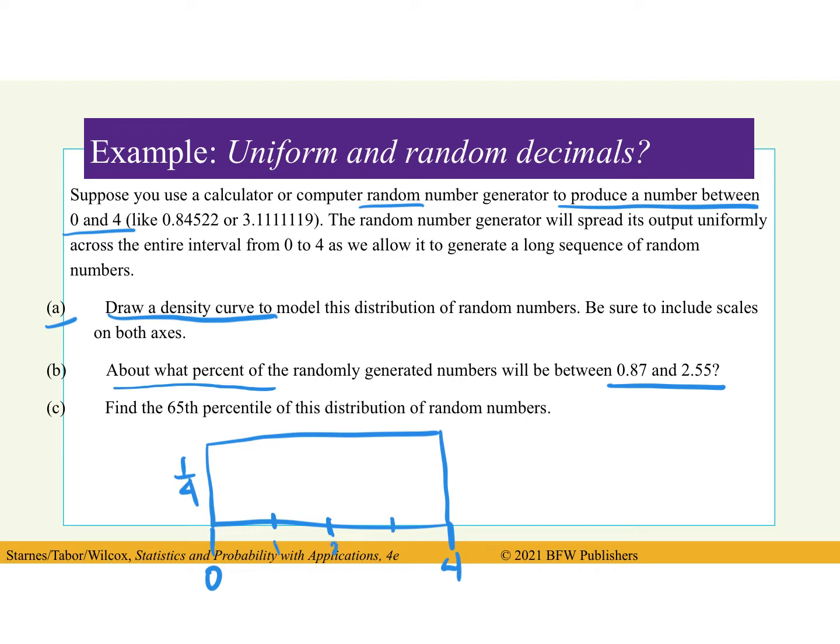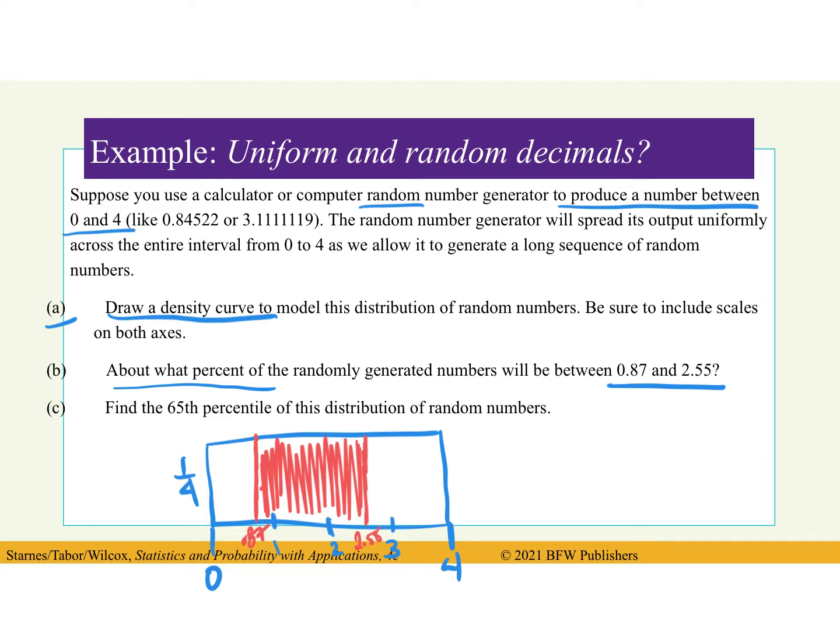So that's 1, 2, and 3. 0.87 is about here. 2.55 is about here. We want to know what that area is going to be. Okay, so we should be adding that.